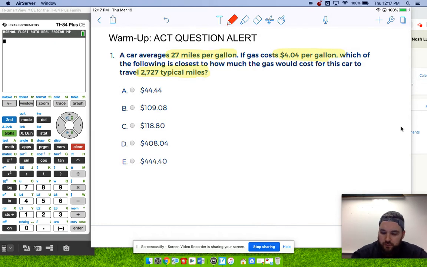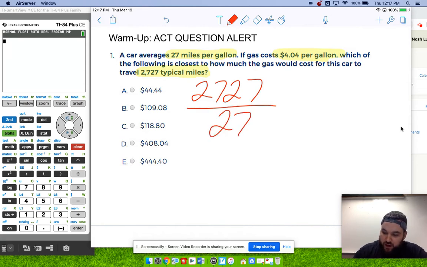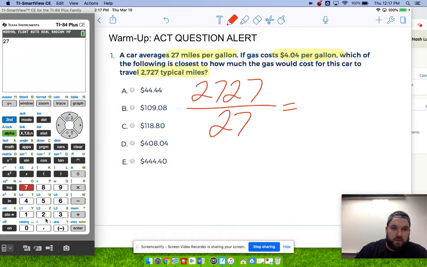There's a lot of ways to solve this. I'm going to figure out how many gallons of gas we need and then multiply that by the $4.04 per gallon. That will give us the answer. To figure out how many gallons we need, we take the total mileage, 2,727, and divide by the miles per gallon that the car gets. 2,727 divided by 27 gives us 101, so I need 101 gallons.